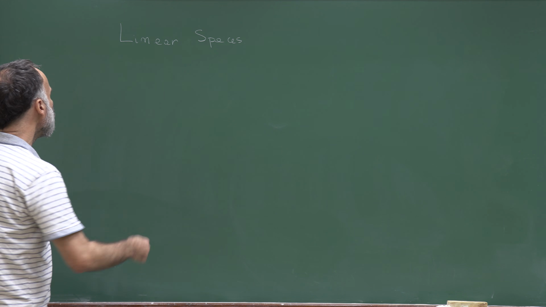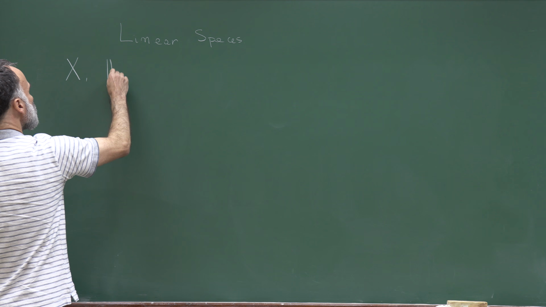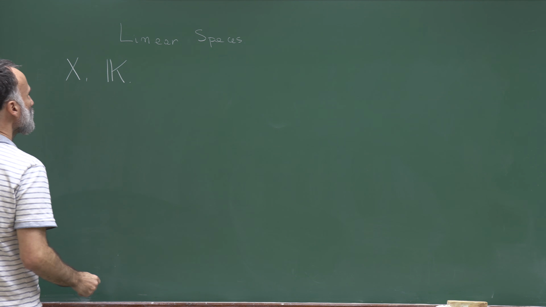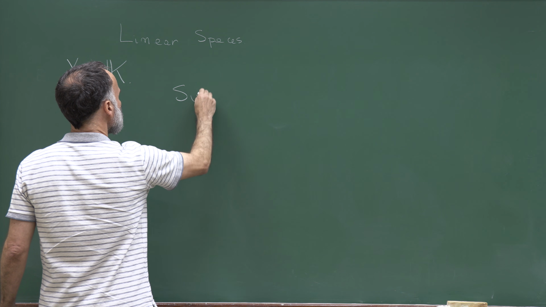So from now on, I have a linear space X defined over a field K. And what I want to discuss now are sublinear spaces.